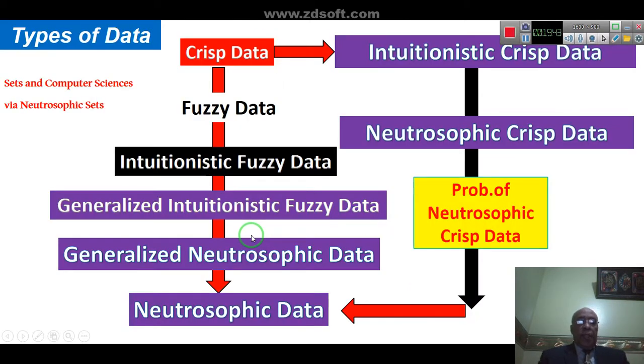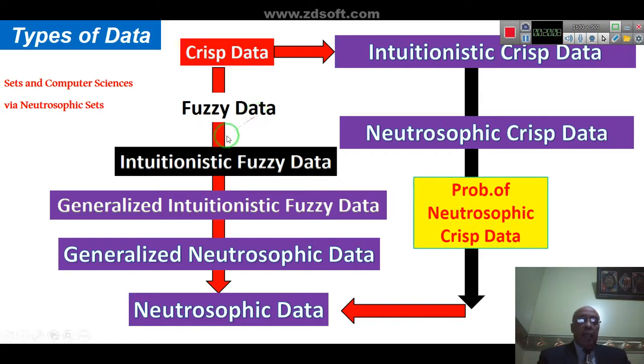Types of crisp data. What is the relation between crisp sets and neutrosophic sets? From crisp data to fuzzy data.